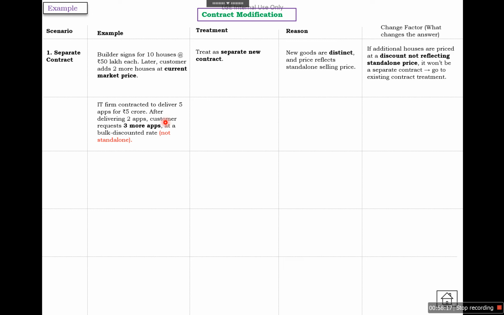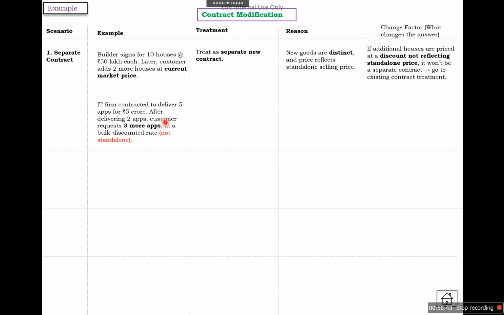In this case, first we need to check the two conditions. Is it distinct? Yes, the applications are distinct because they are not interdependent and the customer can take benefit on its own. But the second condition fails because it is not at a standalone price.